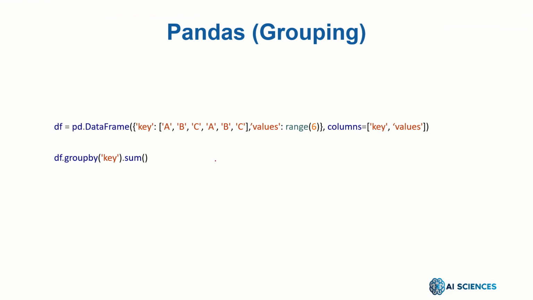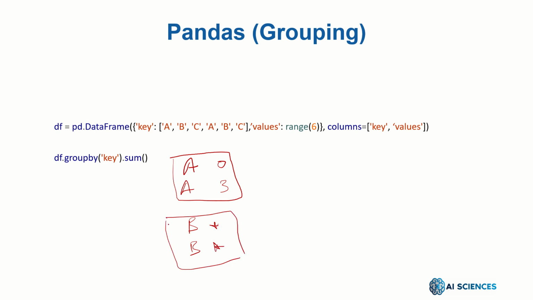It will basically first split all the data and pick all the rows of A. So in this case, A has two values: A has value 0, and then A has value 3. So it will first split with respect to all the keys, like A, then all the B's and their values, and all the C's and their values.